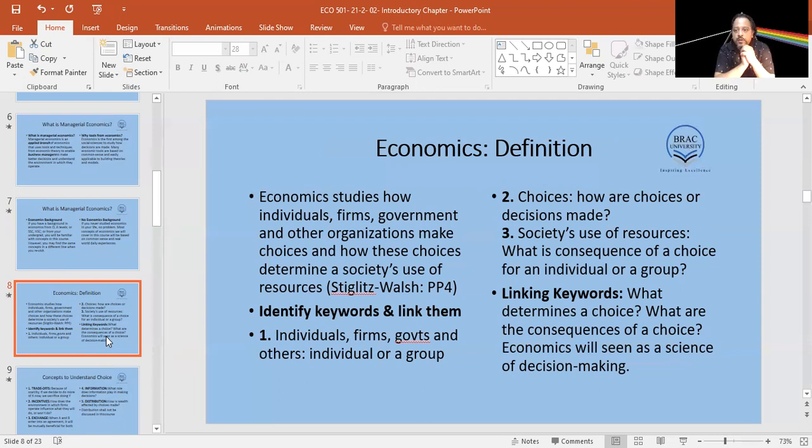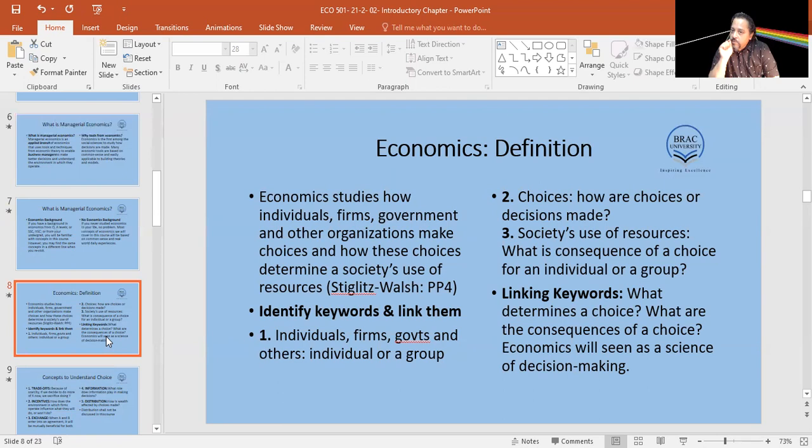Number 3, society's use of resources. Stiglitz and Walsh did not explain this in detail. Basically, what they wanted to show in this part was, what is the consequence of the decision? How can I predict that the decision I'm making, given the environment that I'm under, may be a good one? Stress on the word maybe.